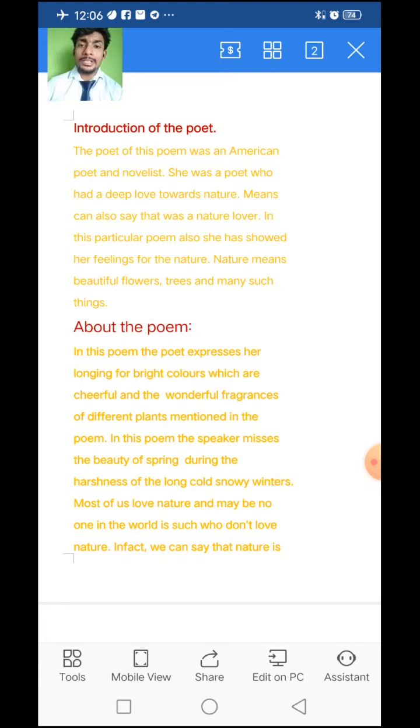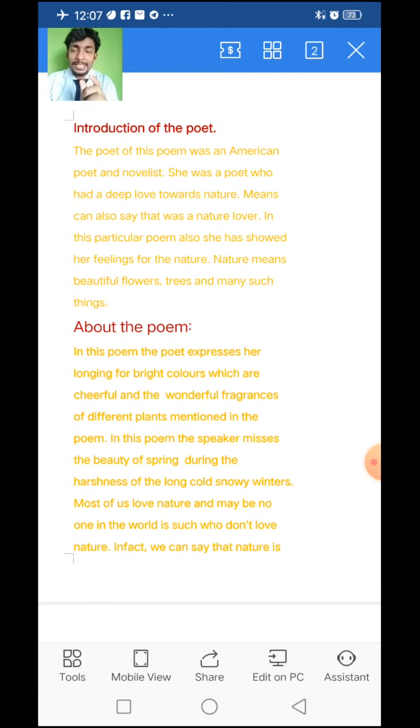In this particular poem, the poet is describing her longing, a deep kind of love towards the bright colors. Colors of what? Simply the bright colors of the flowers, which are cheerful. Cheerful means which blossom happily, and the wonderful fragrances of different plants.